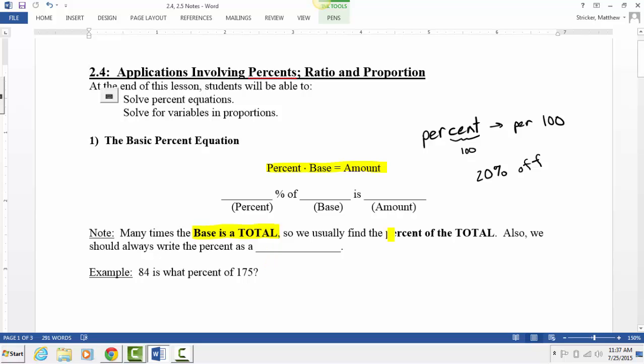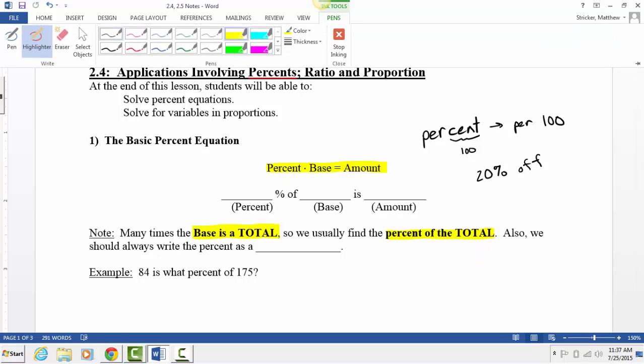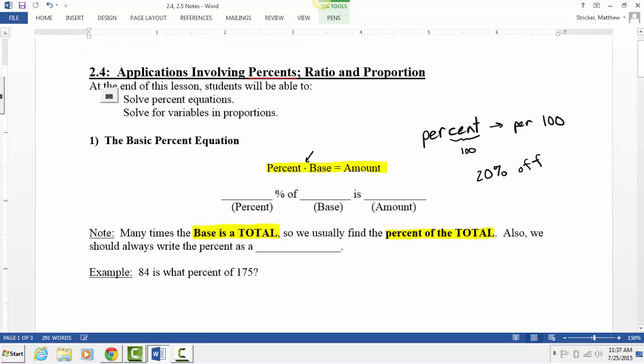So we're usually trying to find the percent of the total, or the percent of the base. Another important thing to remember here is that multiplication a lot of times gets translated into English as the word "of." So when I say percent times base, that's like percent of the total.